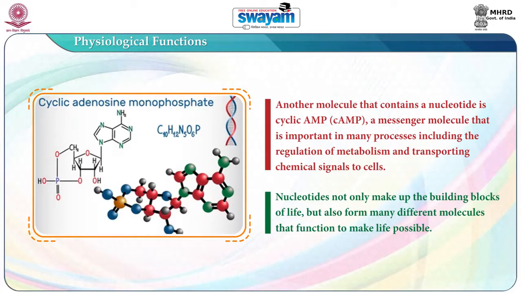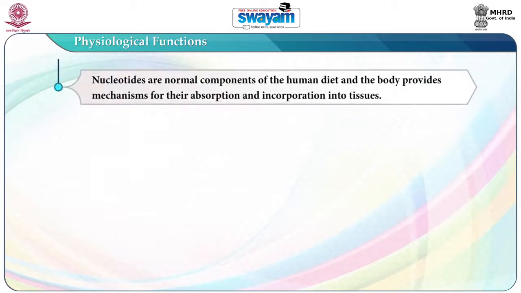Nucleotides not only make up the building blocks of life, but also form many different molecules that function to make life possible. Nucleotides are normal components of the human diet, and the body provides mechanisms for their absorption and incorporation into the tissues.